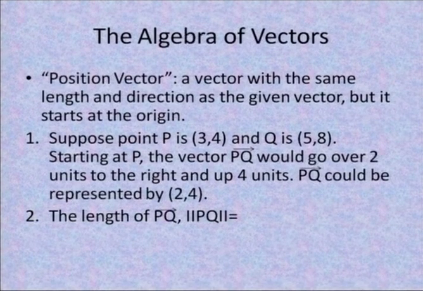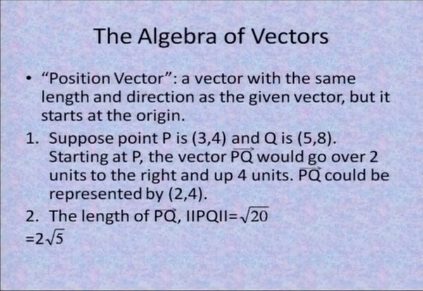If you're going right 2 and up 4, Pythagorean theorem: square root of 2 squared plus 4 squared, the square root of 4 plus 16, which is the square root of 20, which simplifies to 2 radical 5. So that's a little bit on length. You're going to be asked in problems, I'm sure, to find the length of some vectors that you're dealing with.